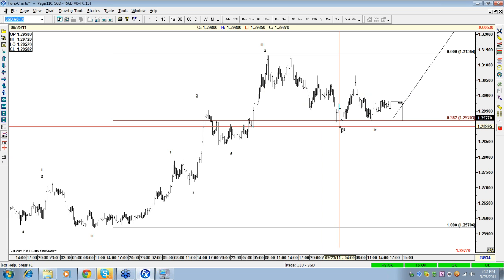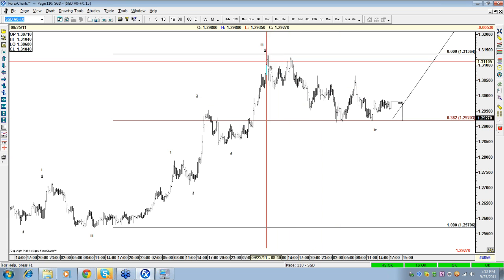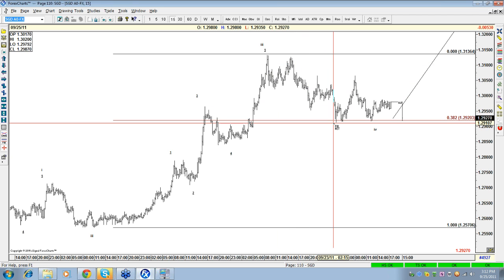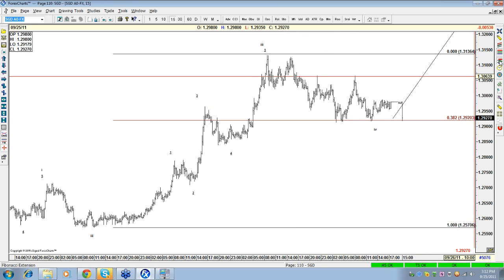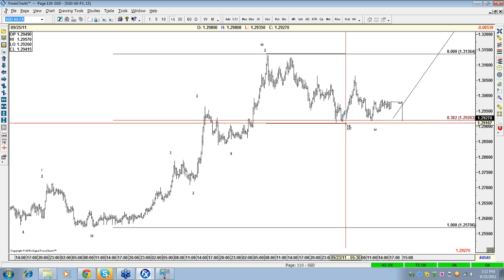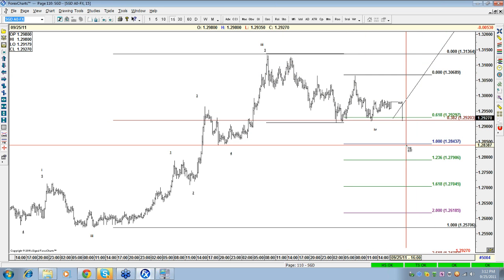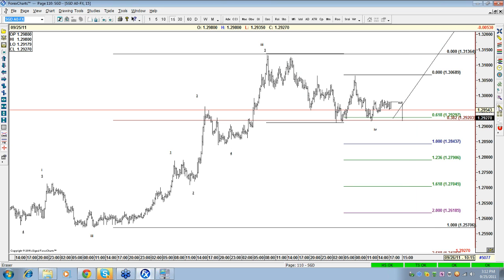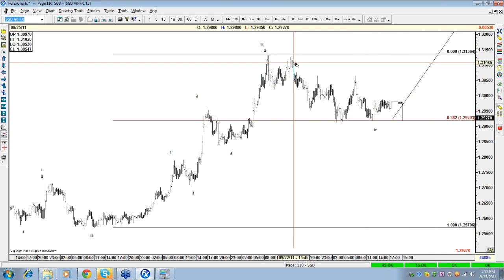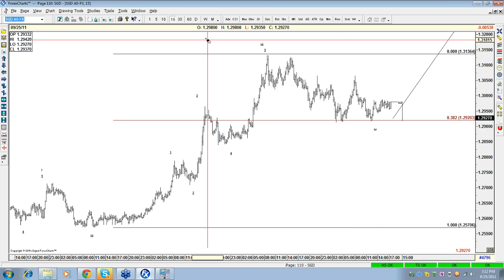The only one that shows 1, 2, 3, 4, 5 swings. So ideally, maybe it's in an ending diagonal. Ideally, it's gonna get to 128. So keep that in mind. The 5 swing from the top.